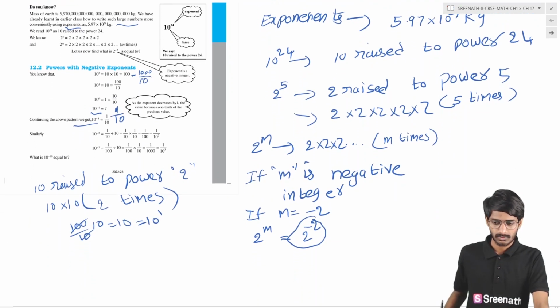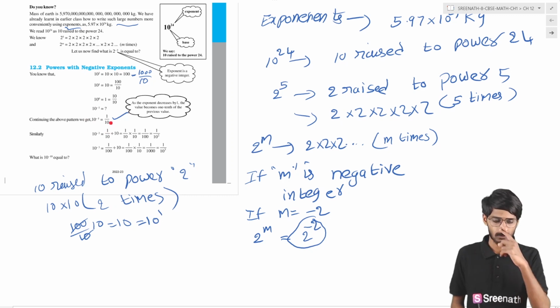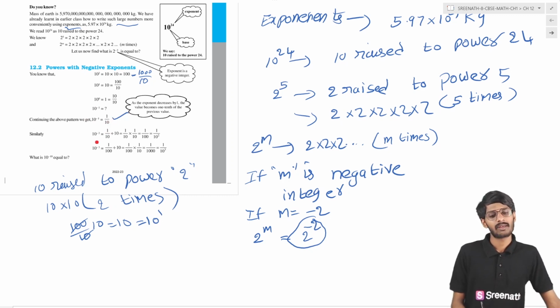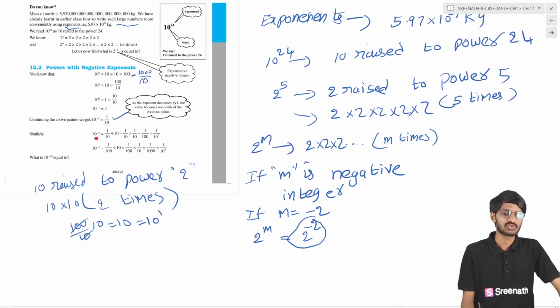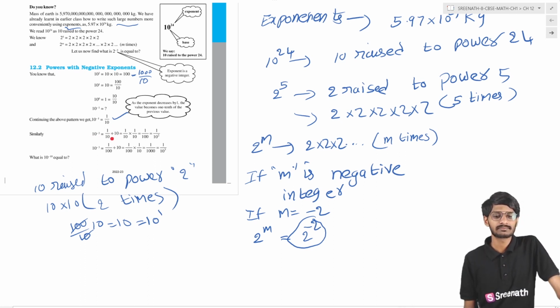So 10 power minus 1 is 1 by 10. Now 10 power minus 2 becomes 1 by 10 divided by 10, that is 1 by 10 into 1 by 10, that is 1 by 100, which is equal to 1 by 10 square, students. Okay, so I will write here.